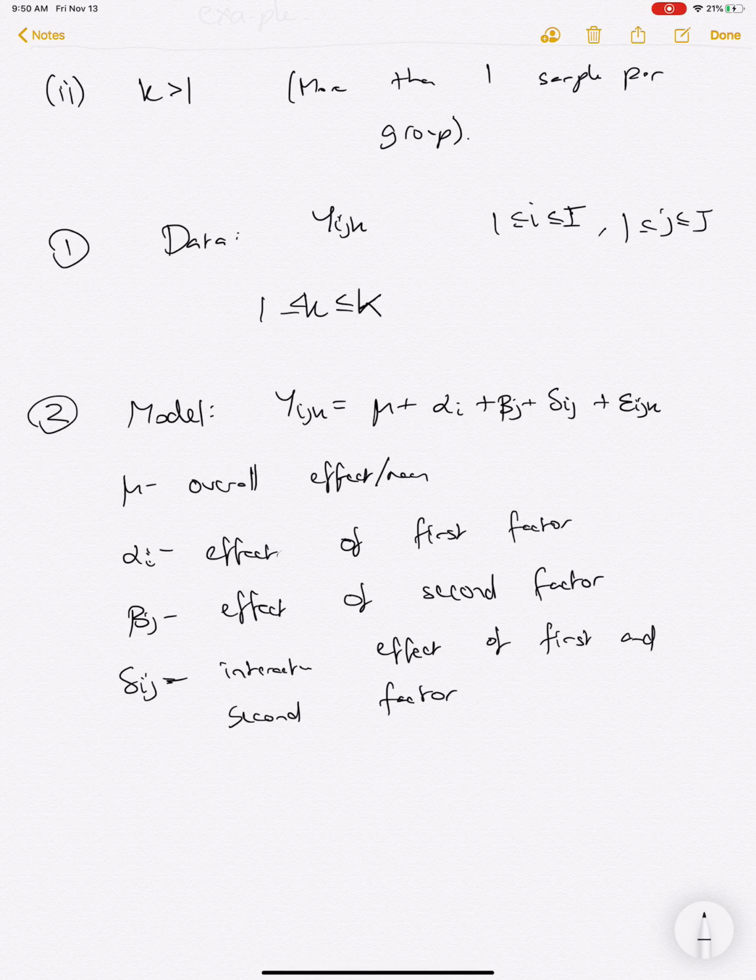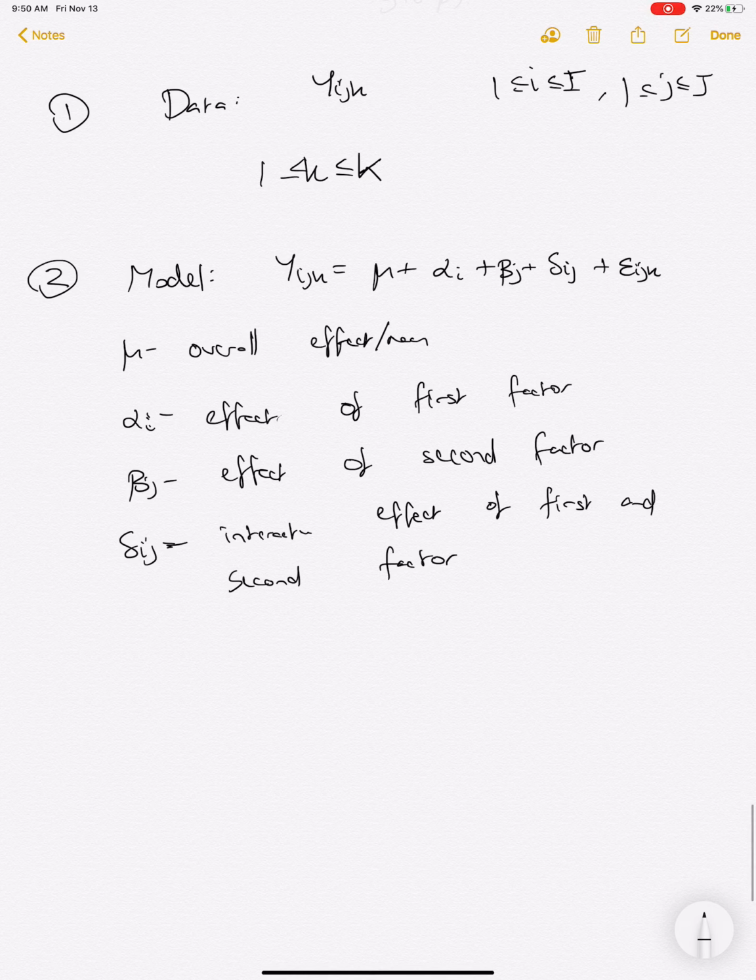Okay, and so if you think about the example of state and education level, maybe being a college graduate from Wisconsin has a different influence than being a college graduate from California, and there's some sort of interaction that you want to model. And so this is actually going to be another hypothesis that we need to think about. And then we also have that epsilon ijk is just noise, and they're also independent.